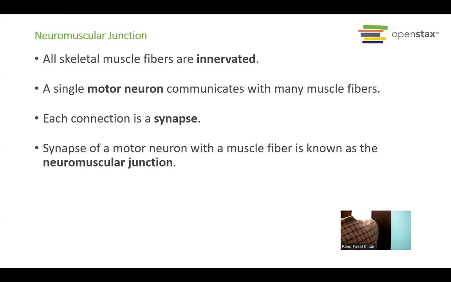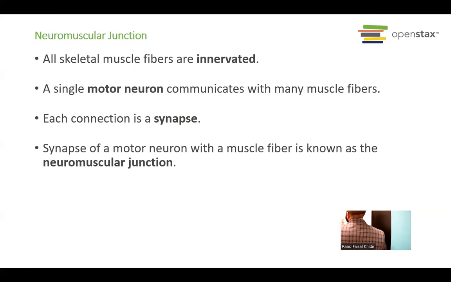So this is the presynapse, and that is the postsynapse, and this is the synapse. So acetylcholine is going to bind here. And when acetylcholine binds, what does it do to the channels?